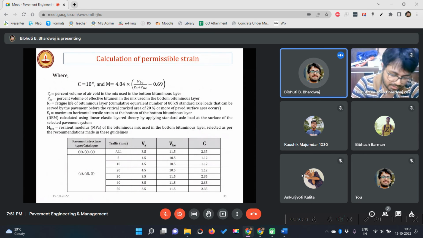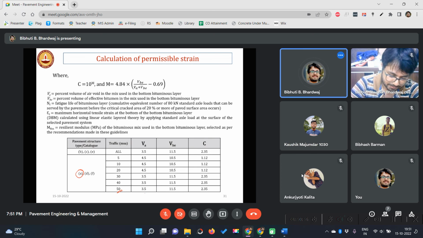So actually for different traffic or in different catalogs, it's already given. Our catalog is A, okay, and traffic is like 84 MSA. So for 50, whatever is there, we will consider it.